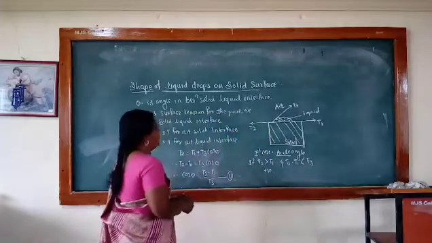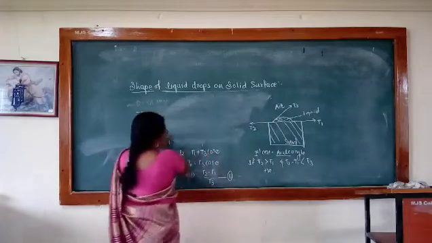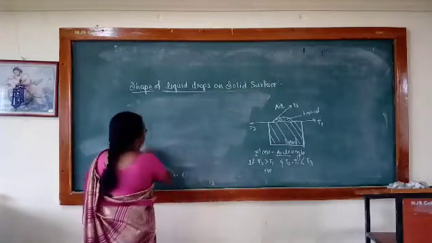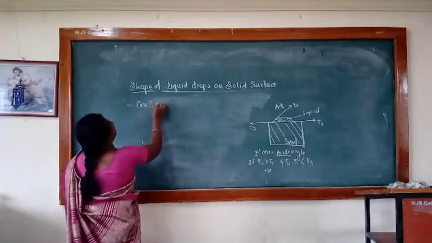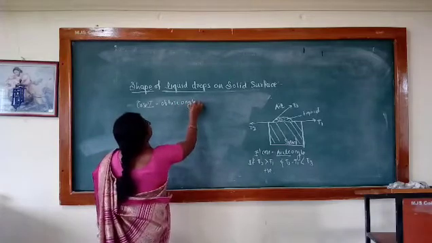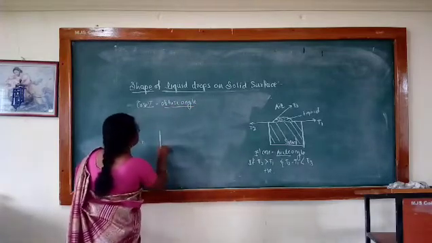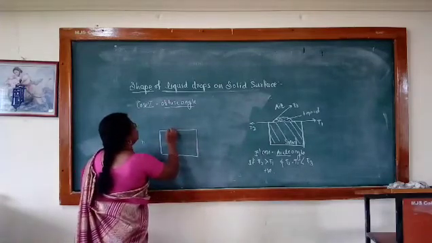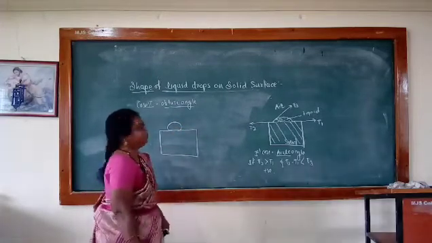Second case is the obtuse angle. When there is the formation of an obtuse angle, once again consider, suppose this is the solid surface and the formation of the drop is in such a way that it has a spherical shape.